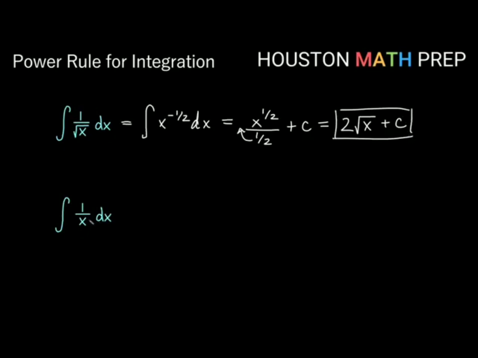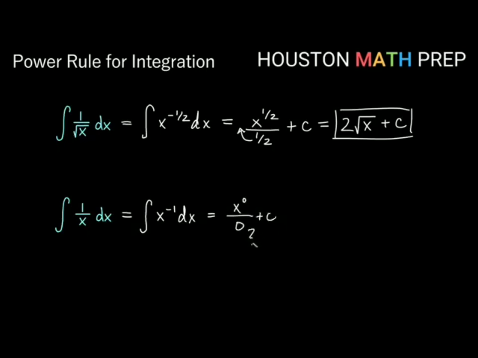For this final one in our video here, we have the antiderivative of 1 over x dx. This one's a little bit strange. If I try to use the power rule with this, I would say, well, that's like x to the negative 1 power dx. But the problem with trying to use the power rule on this one is that we get x to the 0, which we might be able to figure out, but then divide by what? Well, divide by 0, and that's undefined, right?